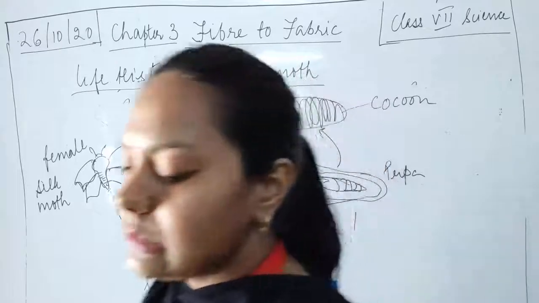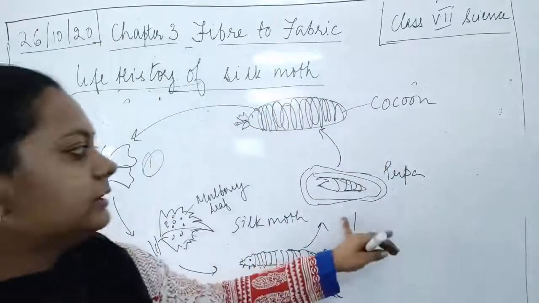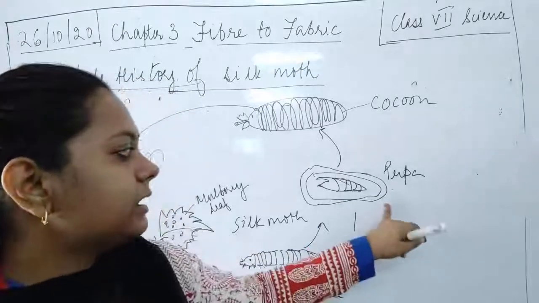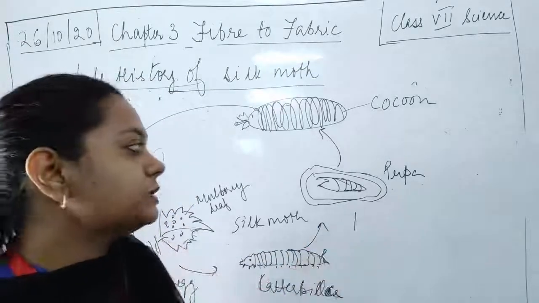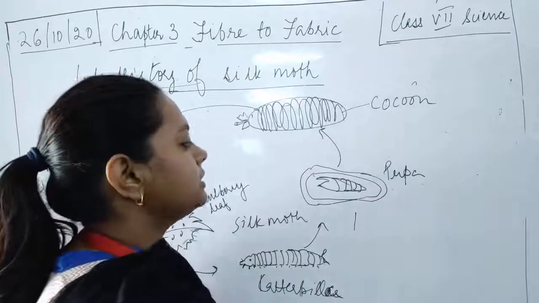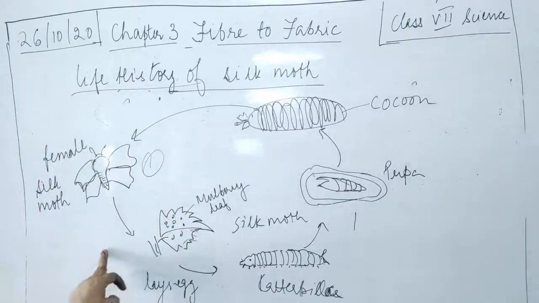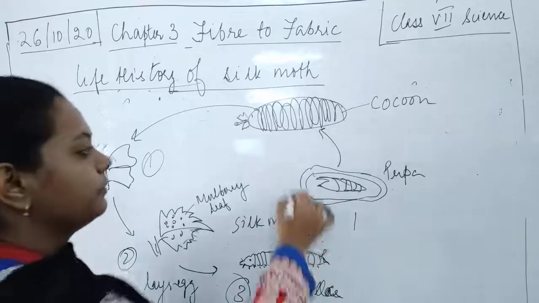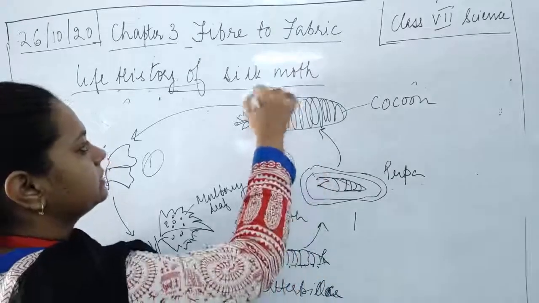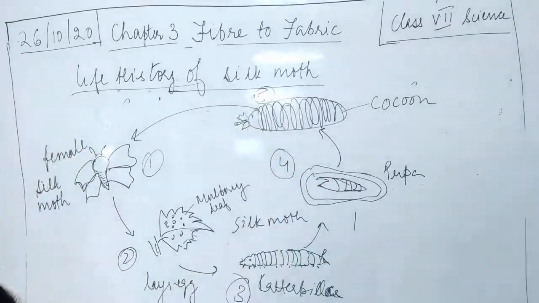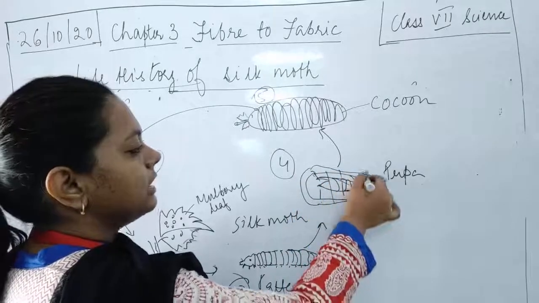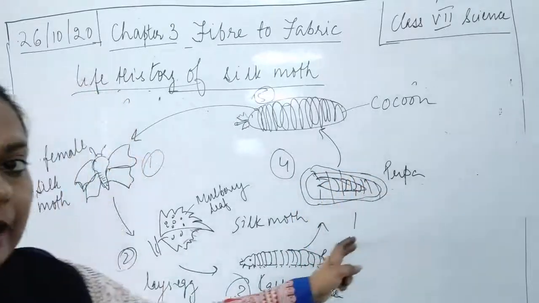Inside the pupa, the silk moth lives. It spins a proteinaceous thread around itself, so the pupa gets covered.